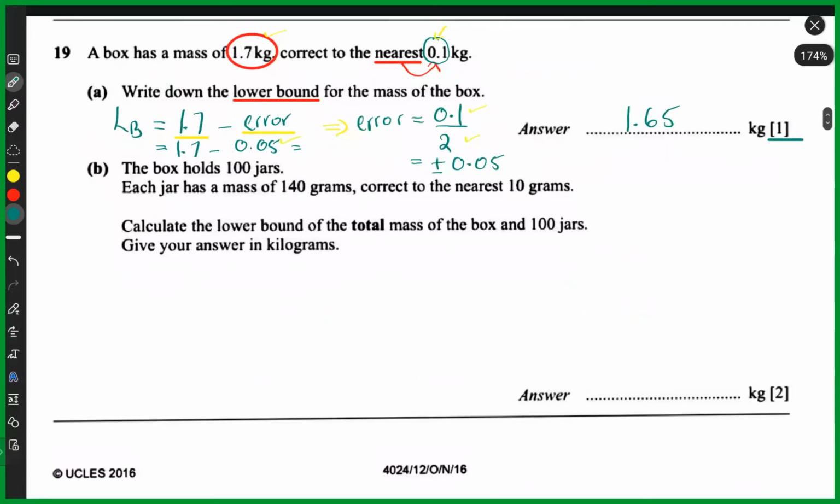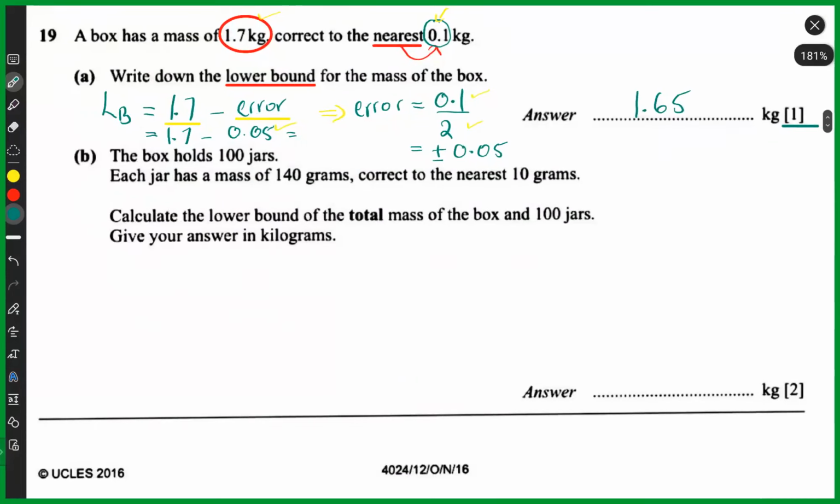Question number 19 was, a box has a mass of 1.7 kgs. This is your original quantity, correct to the nearest 0.1 kgs. Now this 0.1 is the accuracy of the box of mass. Part A was write down the lower bound for the mass of box. That was simple. I had the original quantity, that was 1.7.